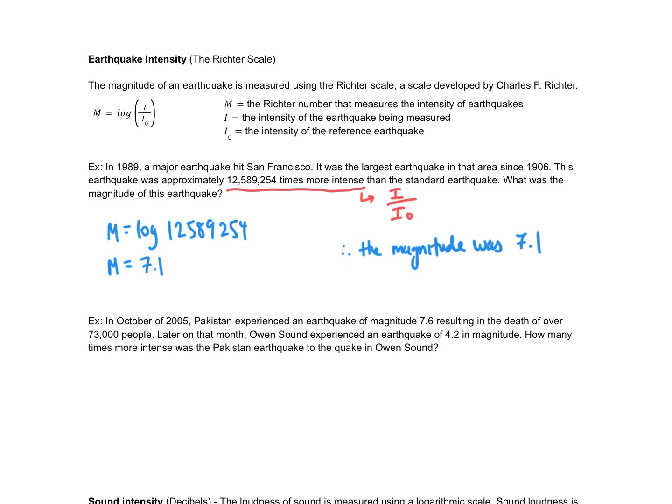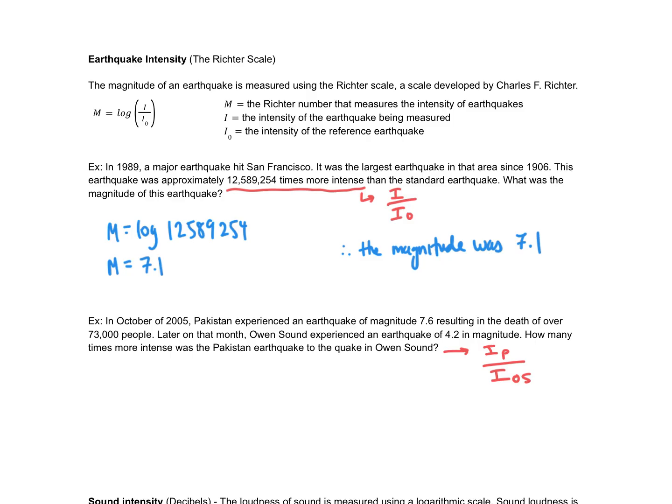So here we're talking about intensity, and we want to see how much more intense one earthquake was with reference to the other. So our end goal is to find the intensity of the Pakistan earthquake relative to the intensity of the Owen Sound earthquake.